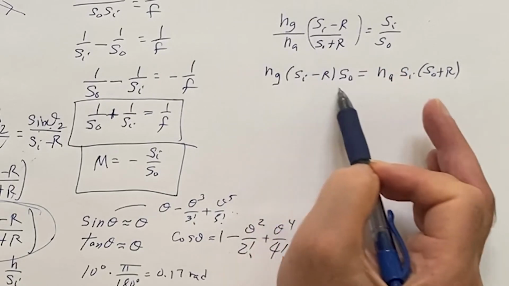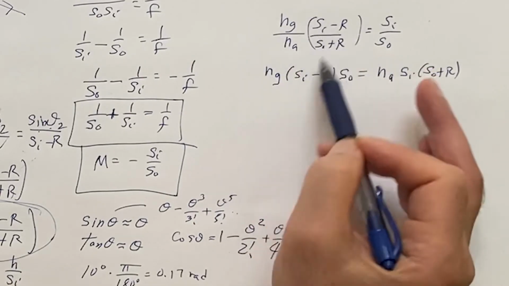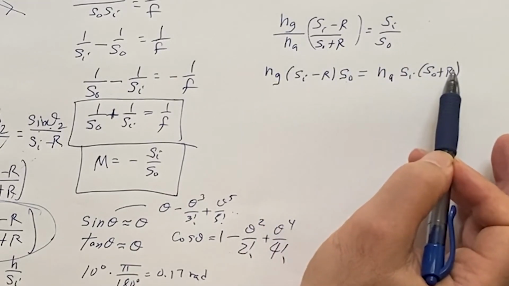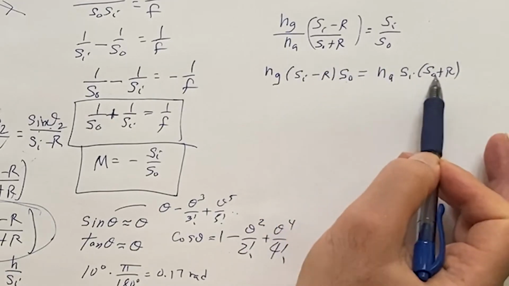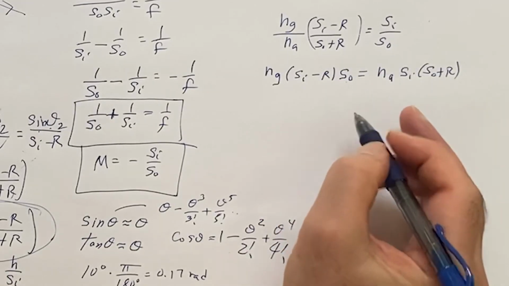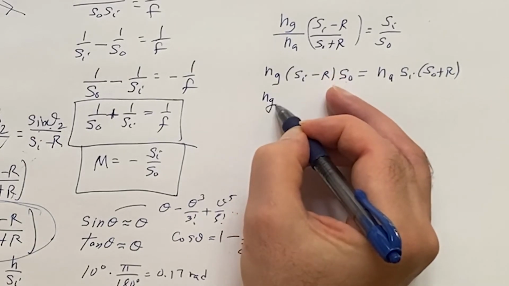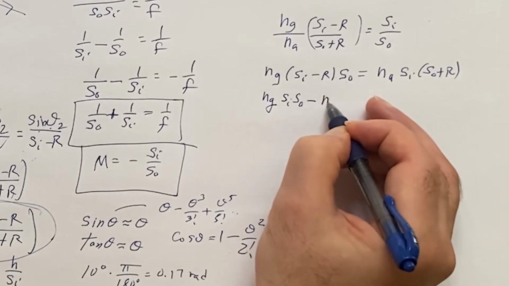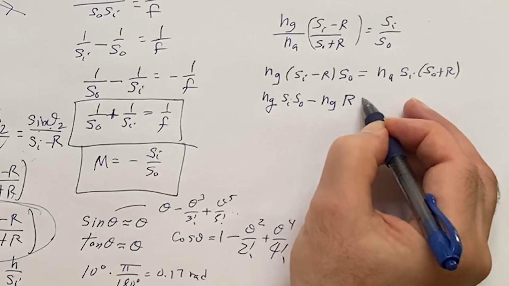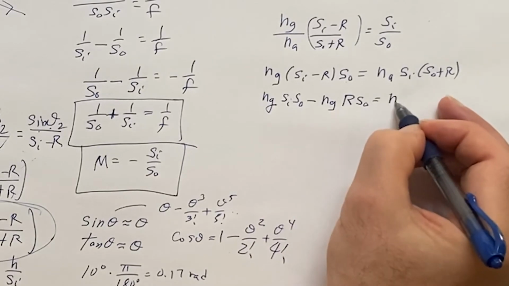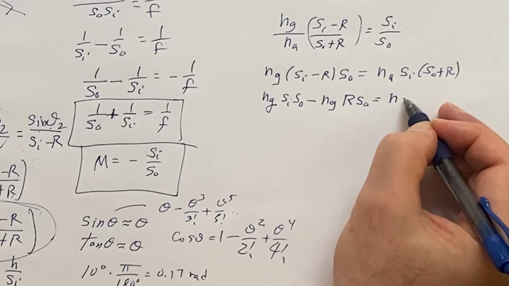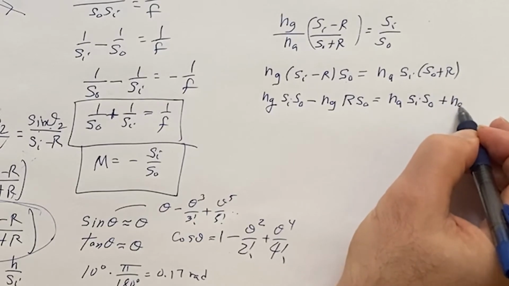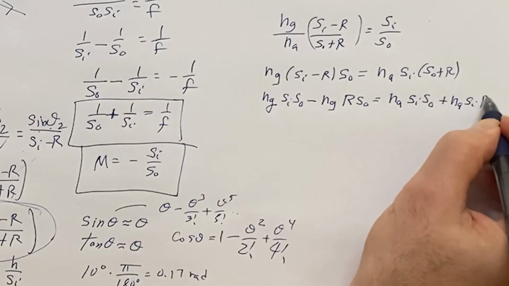So So here, and then you have the same thing as before. And over on the right side, you have this denominator coming, the Na, hitting the Si. So this is Ng, and this is a fraction of glass, times Si So minus Ng R times So is N air Si So plus N air Si R.